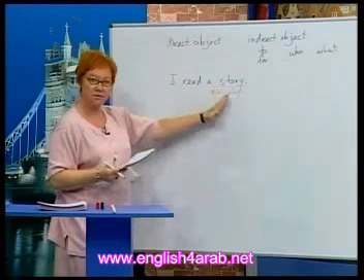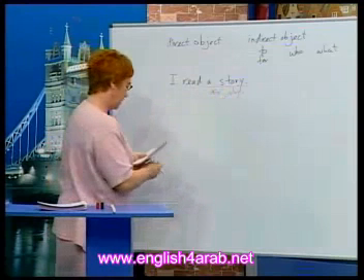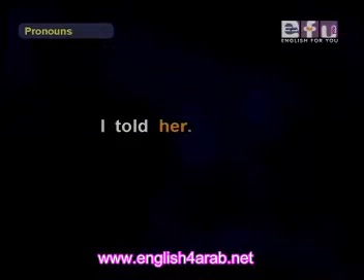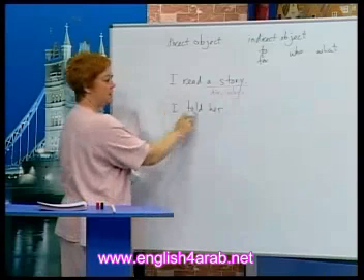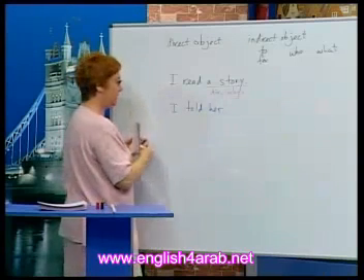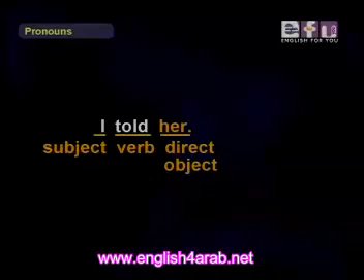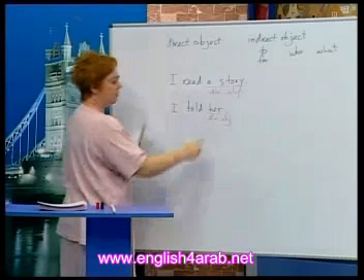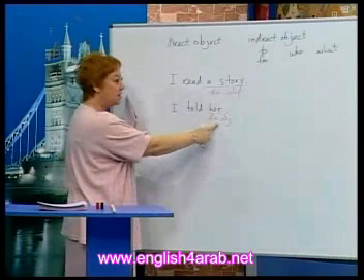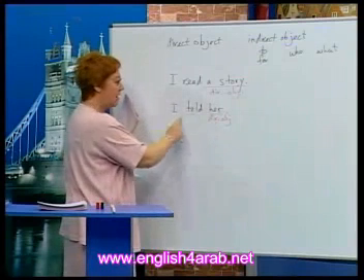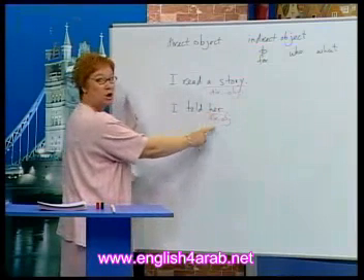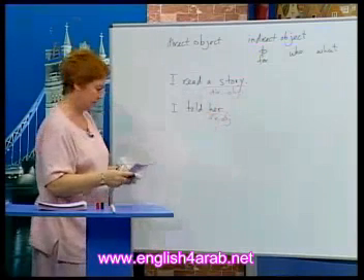I read a story. Now, here's another one. I told her. Direct object. Okay? So this answers the question who? I told who? I told her. This is the direct object.